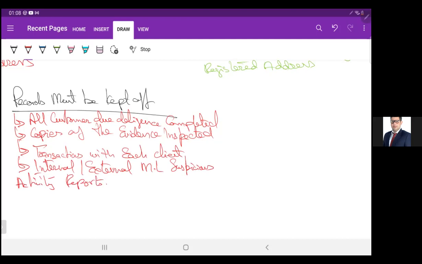Records must be held for at least 5 years after a relationship with the client ended or the date the transaction is complete. Right.